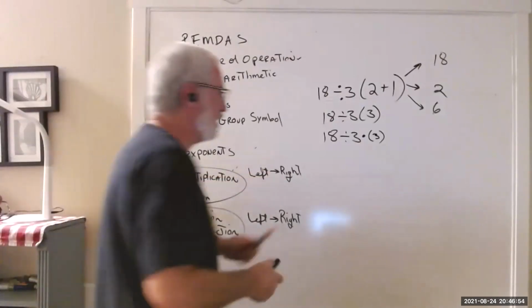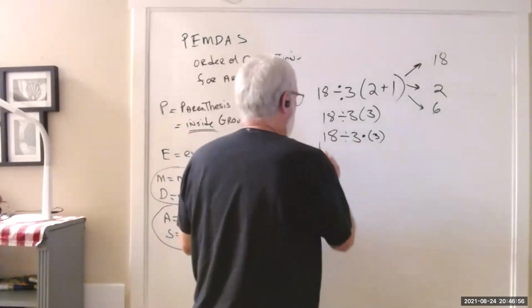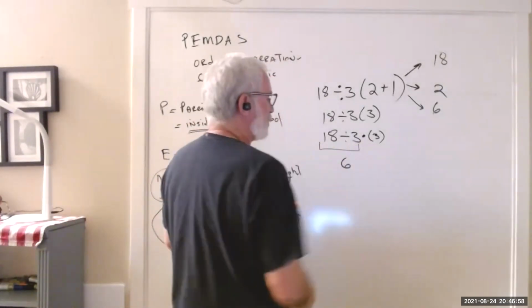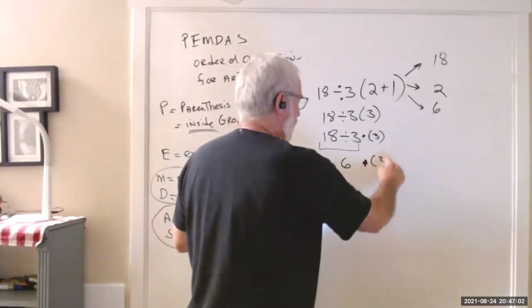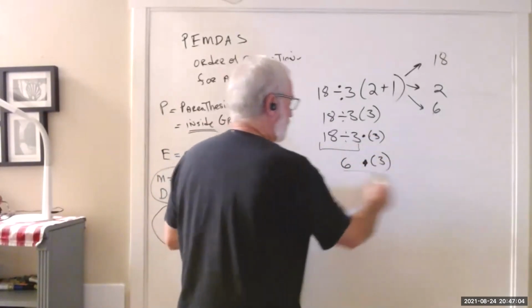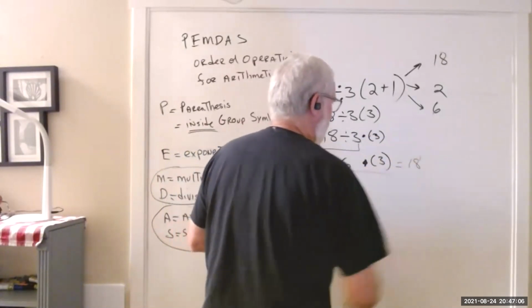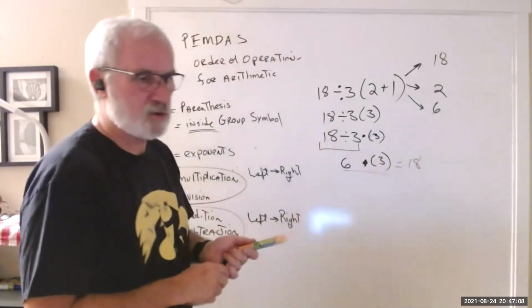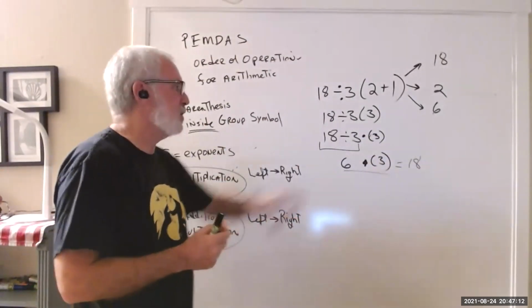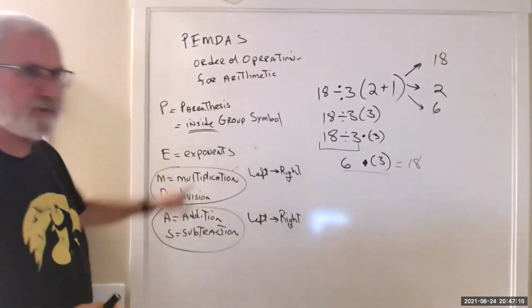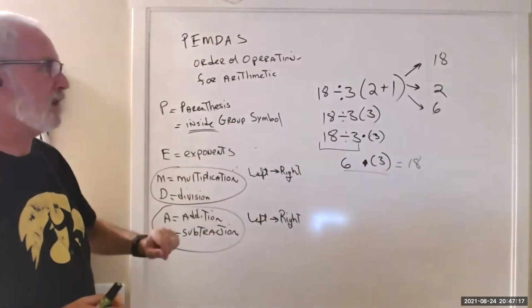So to follow that left to right, 18 divided by 3 is 6 times, whoops, this other 3. 6 times 3 is 18. That's the only correct answer for this problem, because you have to follow the left to right rule of PEMDAS.